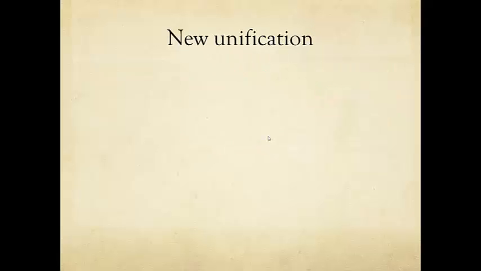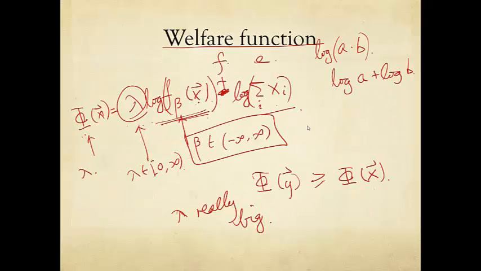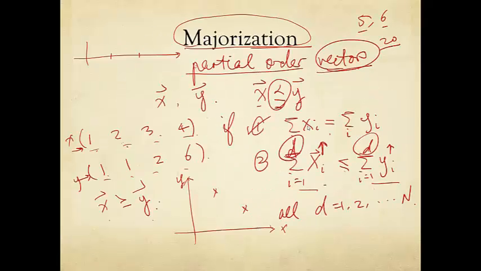Skipping the detail, it turns out that there's a unique family of functions that can satisfy the new set of 4 axioms. We represent that by big F, because letter F is already used in our own notation. Big F, which is parameterized by beta and lambda, acting on vector x. And it just by coincidence turns out to be the product of the original fairness function. If you still recall what that looked like, I don't want to write it again.